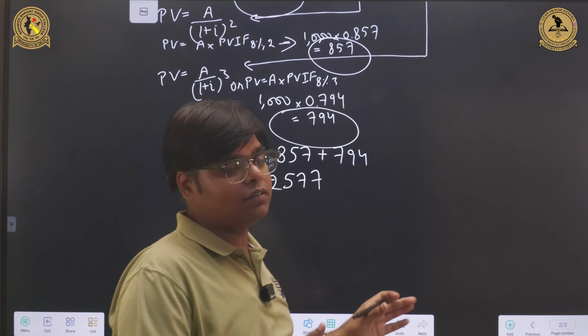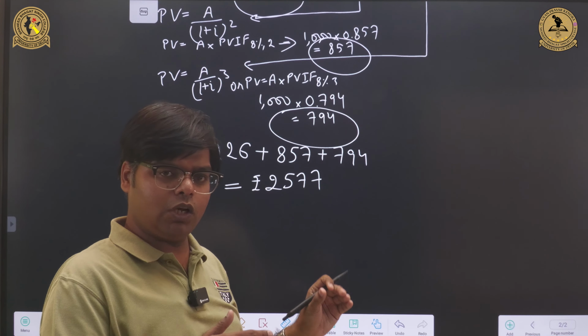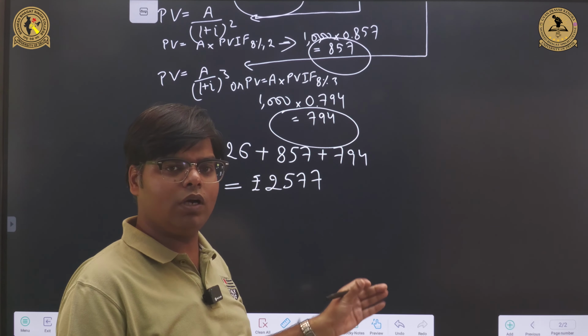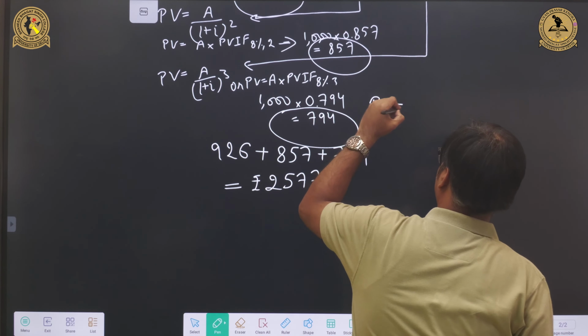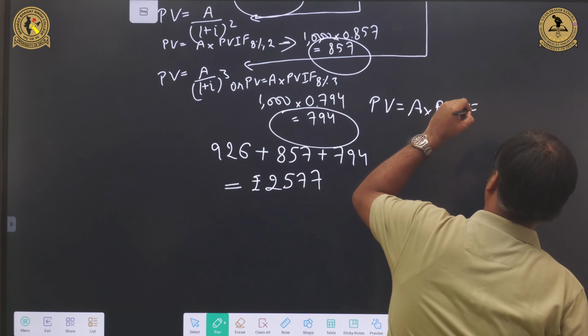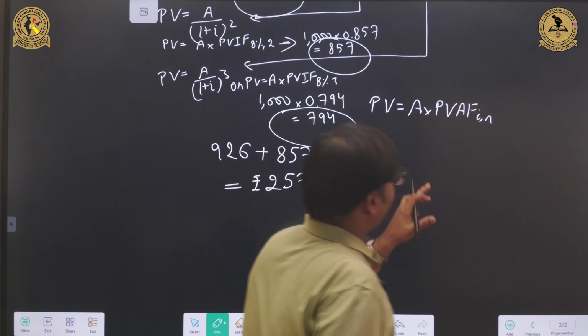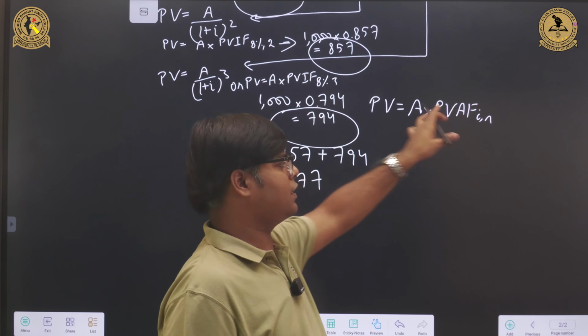However, if the cash flows are in the form of an annuity, or in case of equal cash flows, I may follow a different method as well, which is present value is equal to annuity multiplied by PVAF(i, n), the present value annuity factor table.